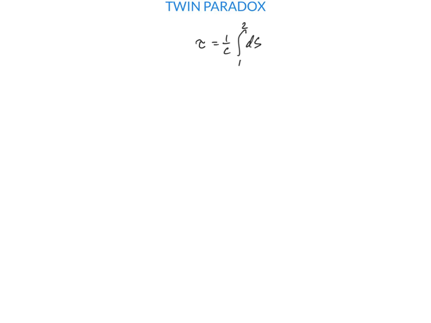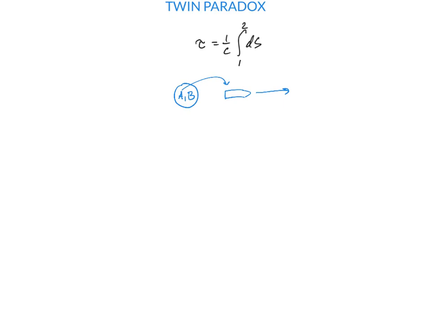So let's consider the following scenario. We have two twins, Alice and Bob. Initially they are both at the Earth. And then Alice hops on a rocket, and the rocket travels away from the Earth.